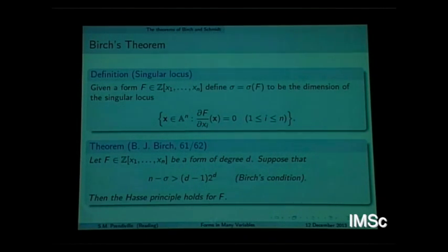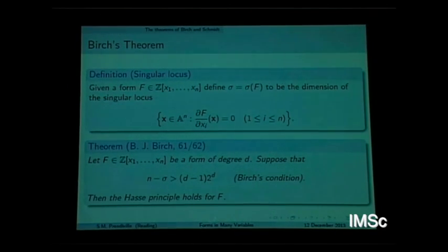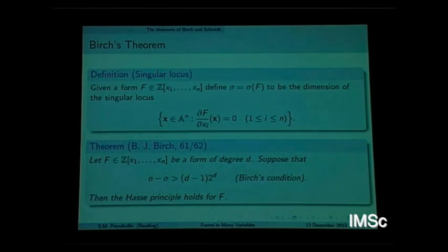If you think back to Colliot-Thélène's conjecture, when a form is non-singular, then sigma is equal to 0, and so the conjecture would be that n is strictly greater than d plus 1 and at least 5. So this is kind of an approximation or a step towards this conjecture, but it's exponentially larger than we'd like it to be. Nevertheless, it's one of the few general results of this type which proves a Hasse principle for forms of general degree.